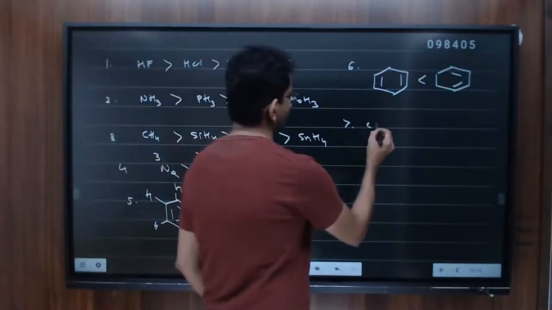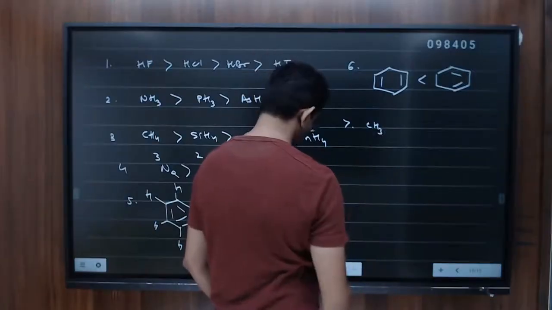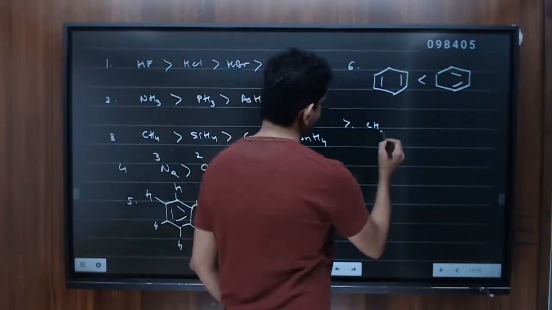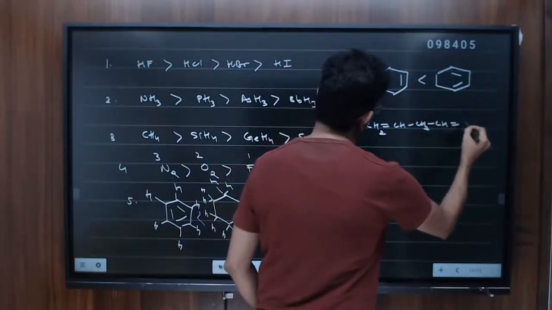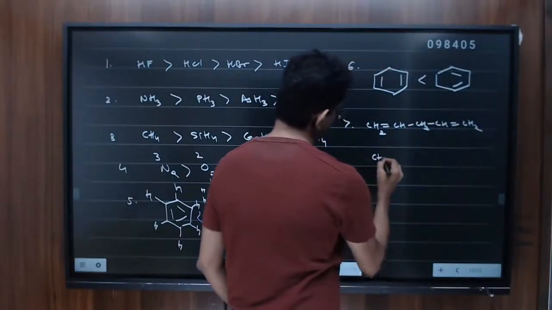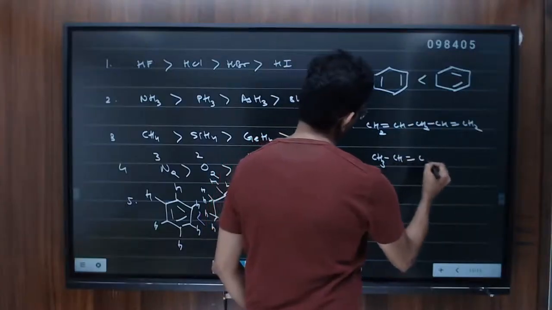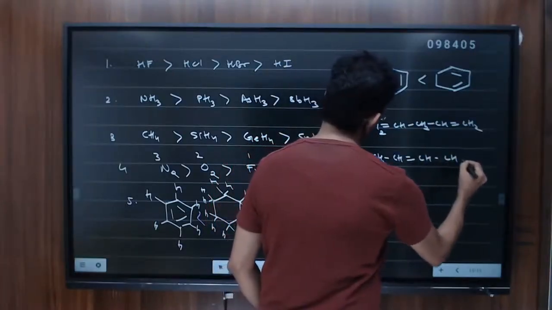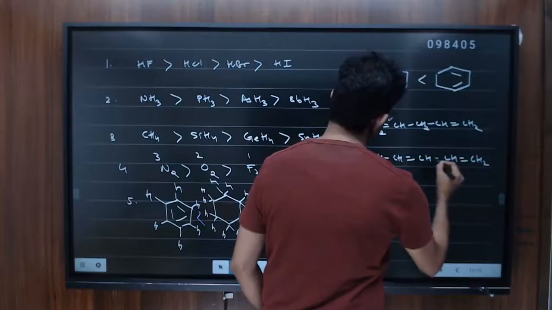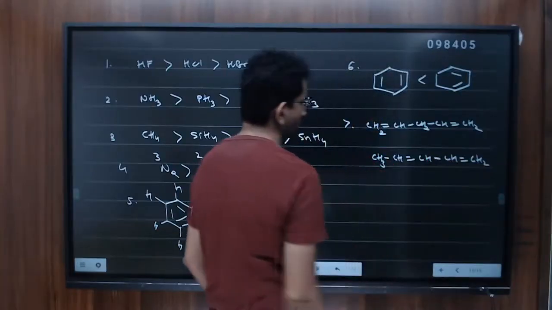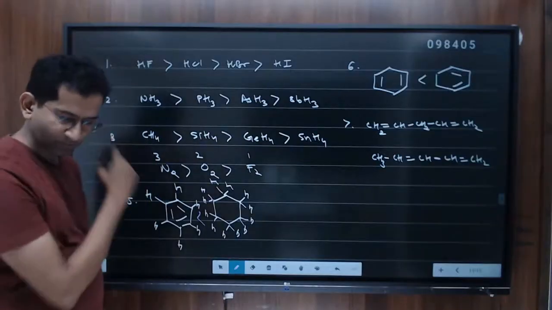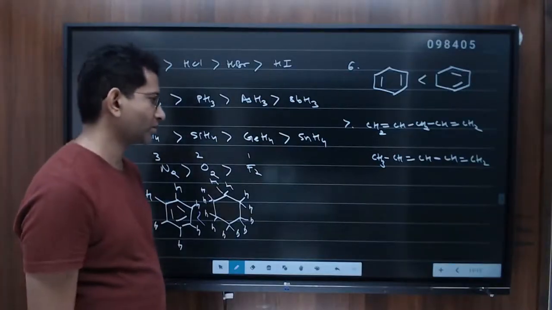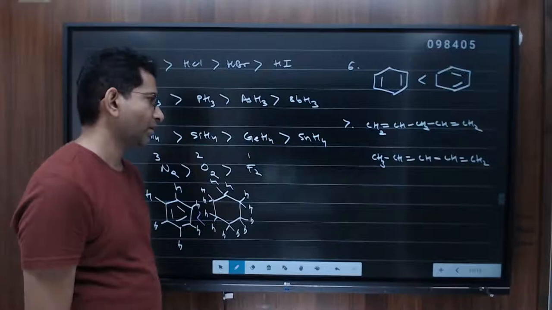Let's have these compounds. CH3 CH2 double bond CH, CH2, and CH3 CH double bond CH, CH double bond CH2. You look at this and tell me which one is more stable, the upper one or the lower one?